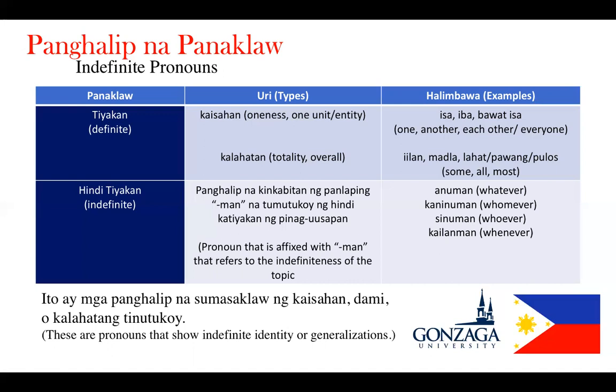So, kailanman is whenever. Ako is I. Makakapunta is, punta is go. Okay, Pinas is Philippines. Ikakasaya ko, what's the root word here? Saya means happy. Okay, or happiness. So in English, this translates to, yeah, whenever I go to the Philippines, I will be happy. Okay, or it will make me happy.